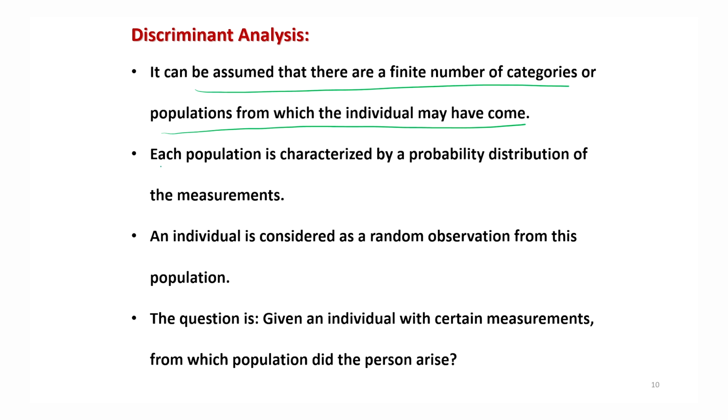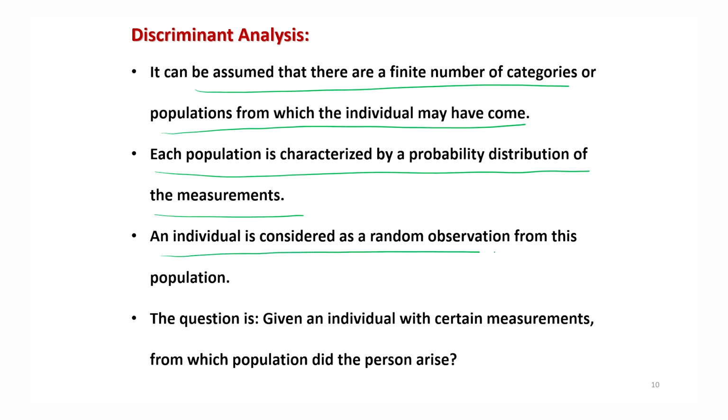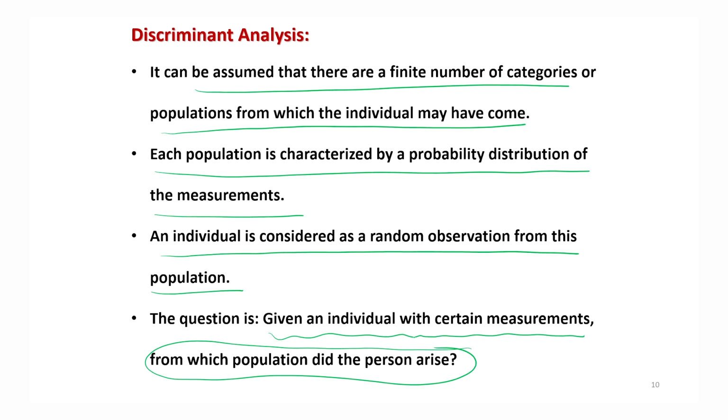And we are assuming that each population is characterized by a probability distribution of these measurements. We will consider an individual as a random observation from any of these populations. Now the question we want to answer is, given an individual with certain measurements, from which population did the person arise? Or given an individual, into which population can this observation be classified?